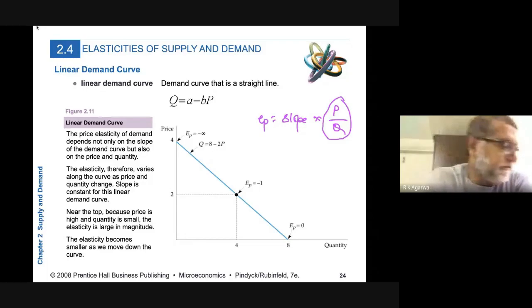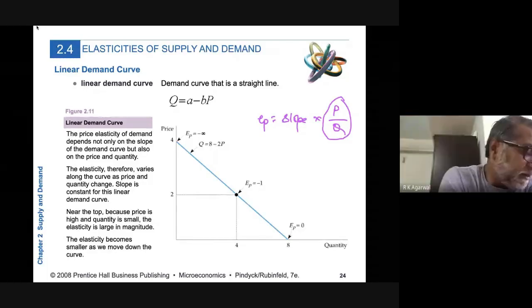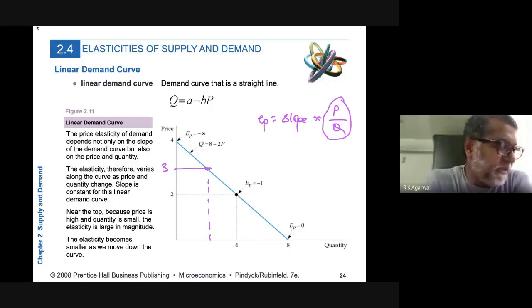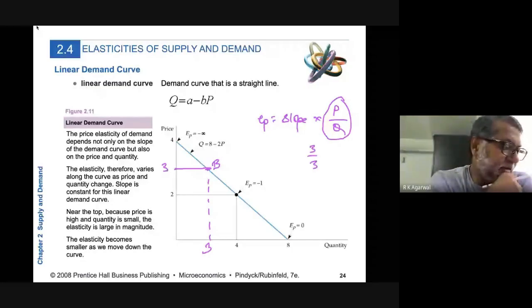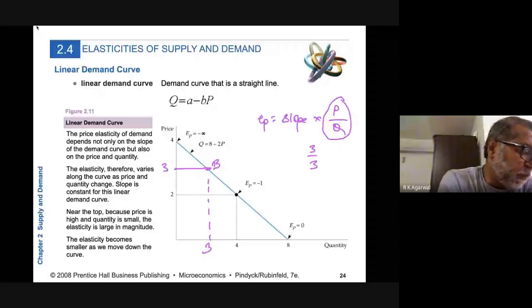For example, if you take a point here, let us say this is 3, and this is also 3. At this point, let us call it point B, P by Q is 3 by 3. At point C, P by Q is 2 by 4.